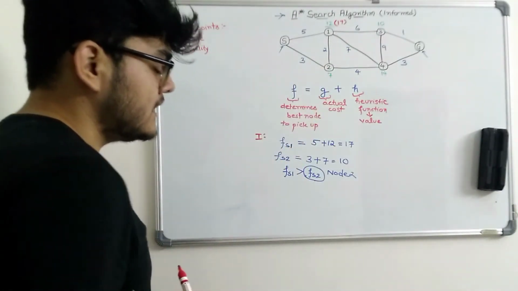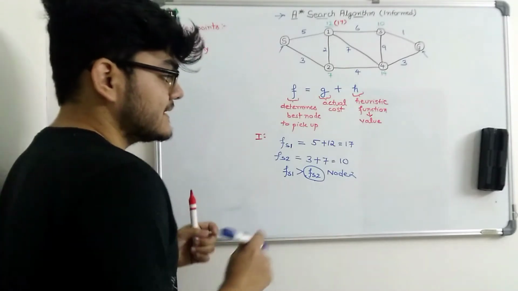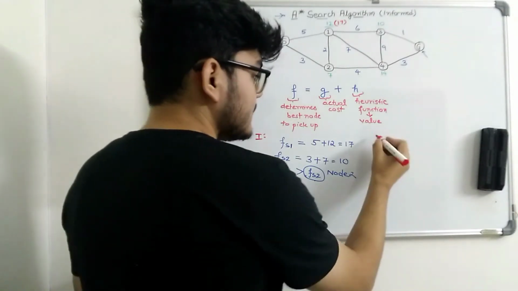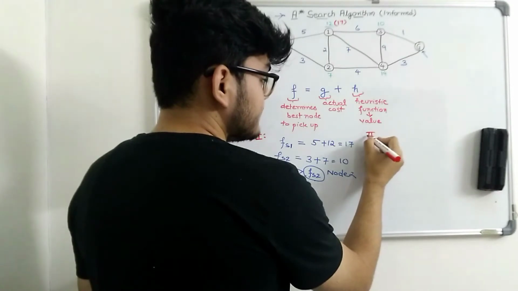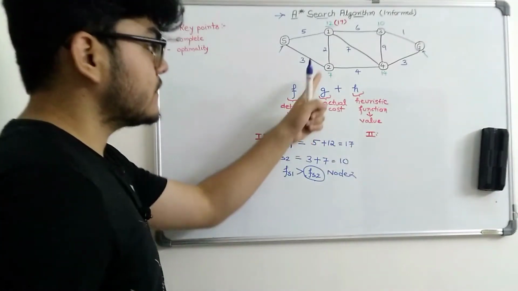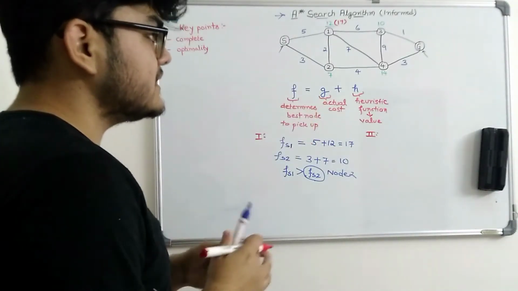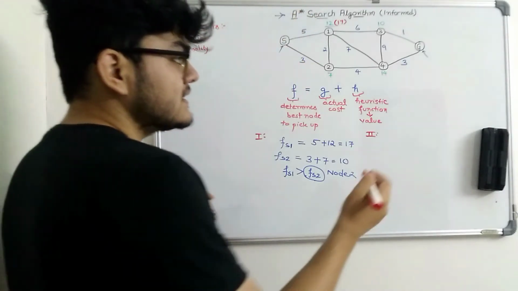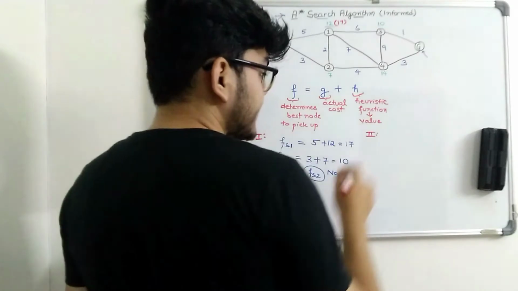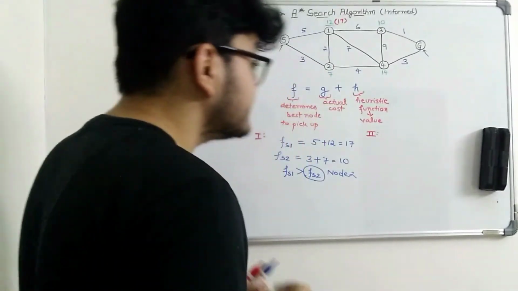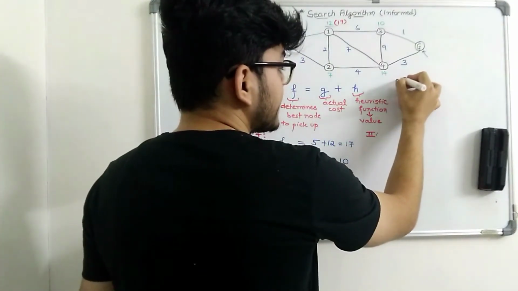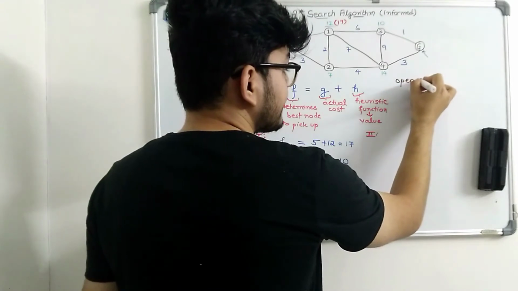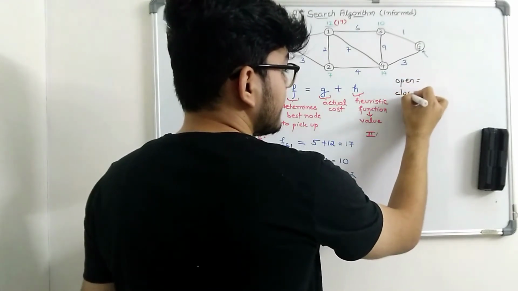Now let's move on to the second step, or you can say the second iteration. Now we are on node number 2. Remember that node number 1 and node number 2, we can store them in 2 arrays. One can be an open array and one can be a closed array.